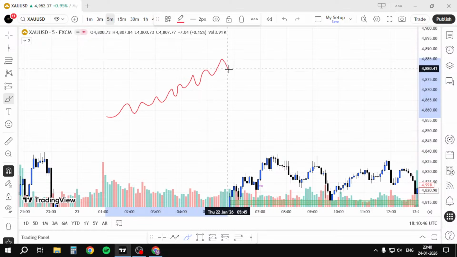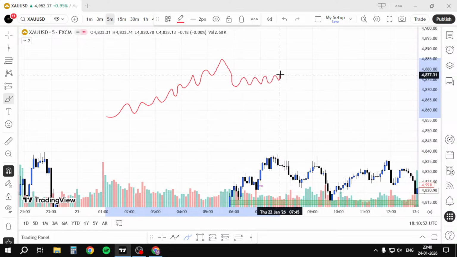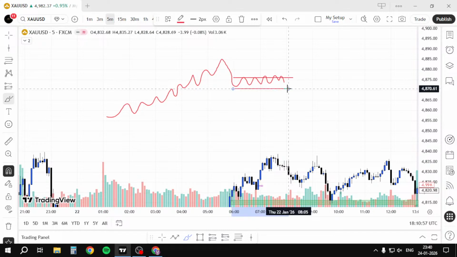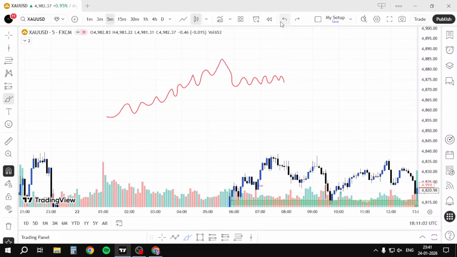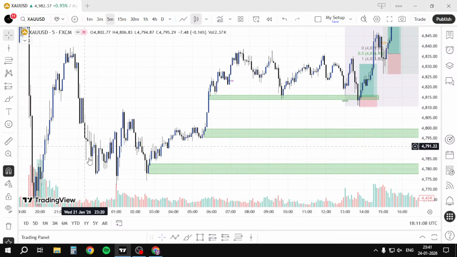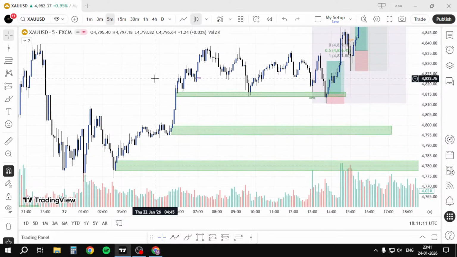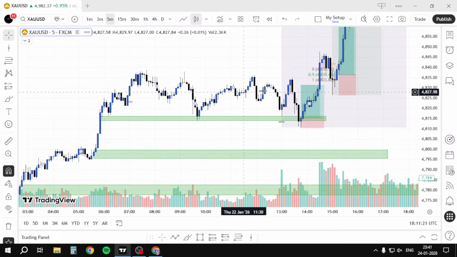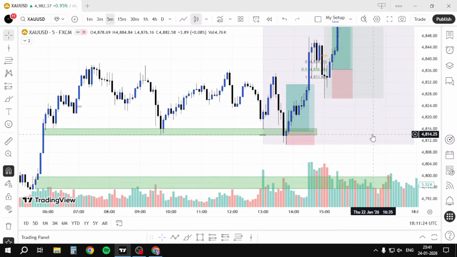There is very little chance that gold moves in a choppy zone, with a roof above its head and a floor below its feet. There you can look for upside and downside liquidity, but it's totally bullish on the daily time frame, so you have to take bullish trades. You have to mark downside liquidity for bullish trades.